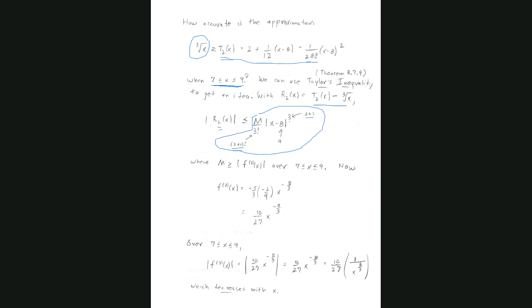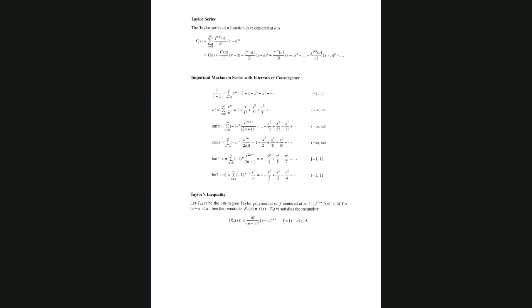So all I'm doing, again, is here's the right-hand side. Here's the error bound, right? And I computed n plus 1 factorial. N plus 1 I can get because n is 2. And now a was equal to 8. So that's how I get what I had here.